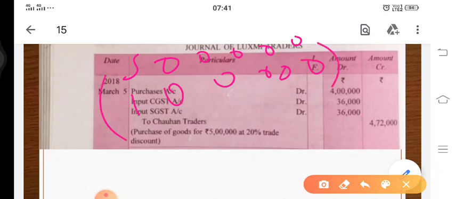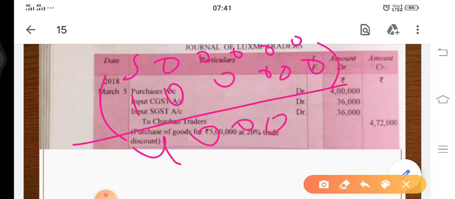So we'll subtract this 1 lakh from 5 lakh and we get 4 lakh. That means the total purchase amount after the trade discount is going to be 4 lakh. As we already have discussed, trade discount is directly subtracted and it is not shown in the books of accounts. So our purchases are going to be debited with the amount of rupees 4 lakh.